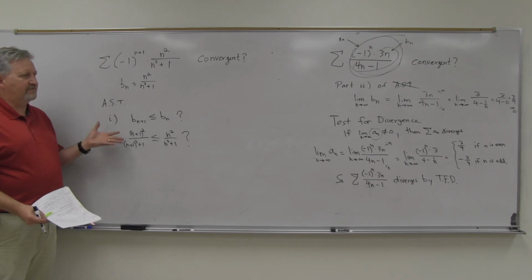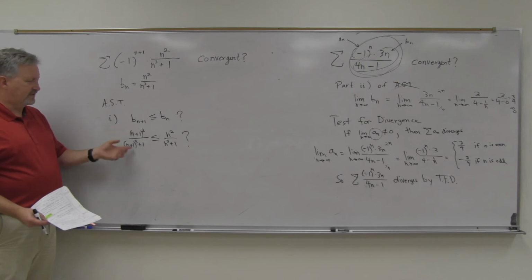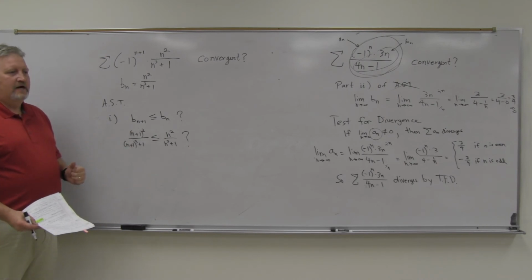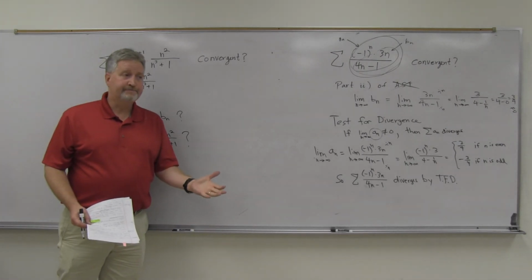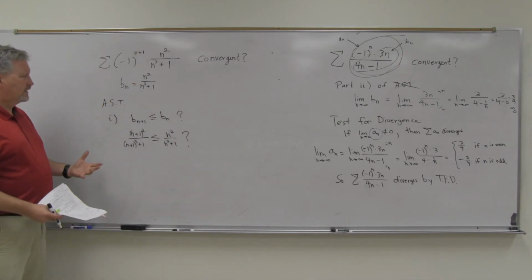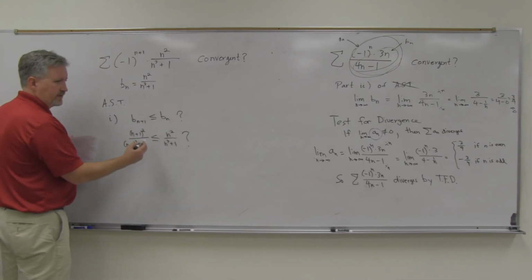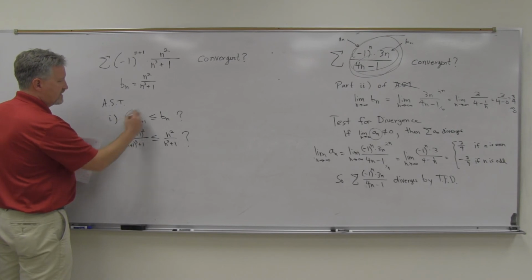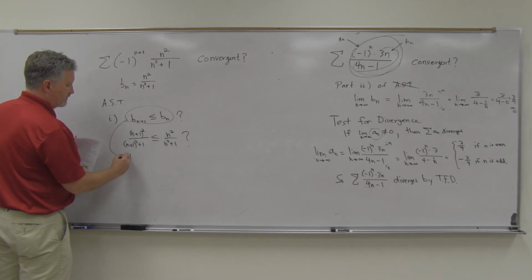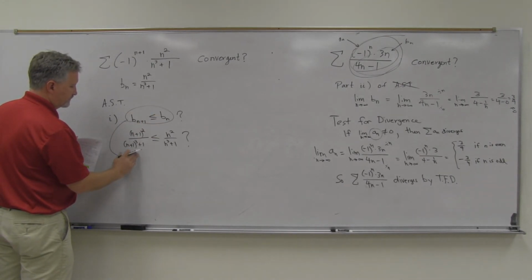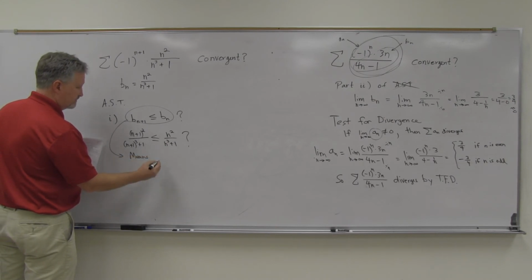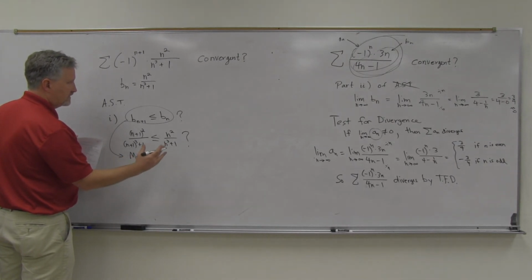So it's not obvious sometimes when plugging in the n plus 1. So we can look at another way. Really, what this says right here means that b sub n decreases.